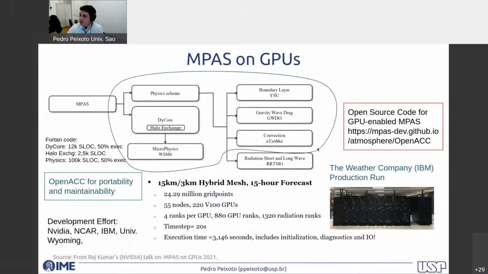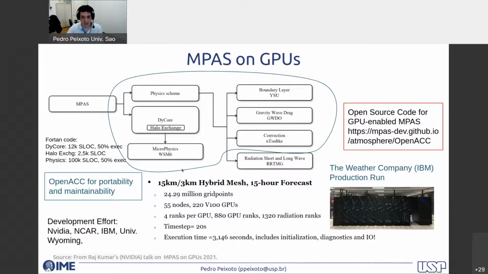And there are some recent advances on MPAS on GPUs, and this is something that we've been discussing here in Brazil, because we are considering MPAS as the next generation weather forecasting system for Brazil. NVIDIA, with a big effort with IBM and the University of Wyoming, did this development effort where they ported a big chunk of MPAS, all the physics and the dynamical core, which is mainly the part where the Euler equations are, microphysics, boundary layer, gravity wave drag, and things like that.